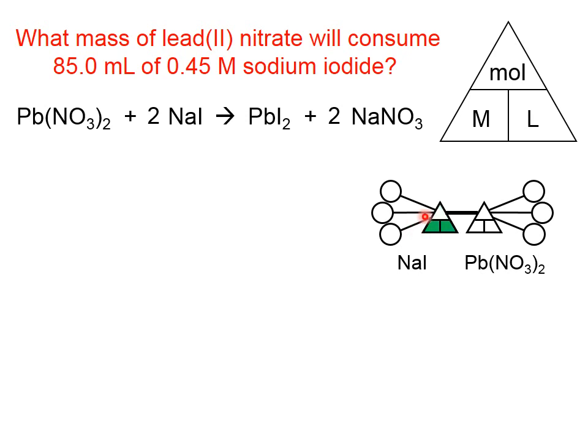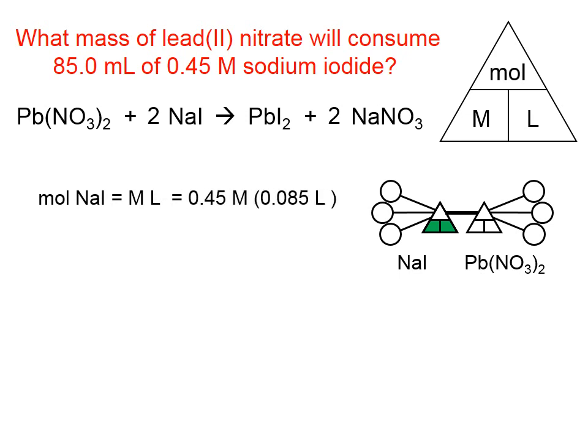We're given these two quantities, so here's what we're going to do. We're going to use the molarity relation to calculate moles of sodium iodide, which is right there. Then we're going to cross that middle bridge, then we're going to go up, and we'll have calculated the mass of lead 2 nitrate. Moles of sodium iodide is molarity times liters.